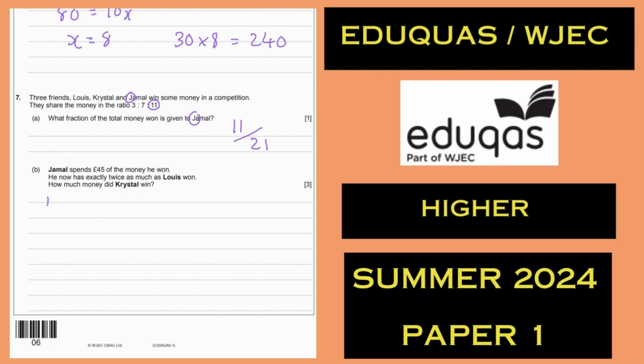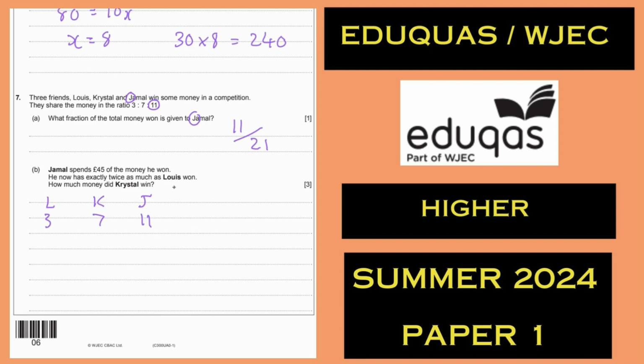For me, I would start writing it out, getting it organised. L, K, J, yep, they've done it out of alphabetical order, be careful. In the ratio of 3 to 7 to 11, J spends 45, now has twice as much as L.